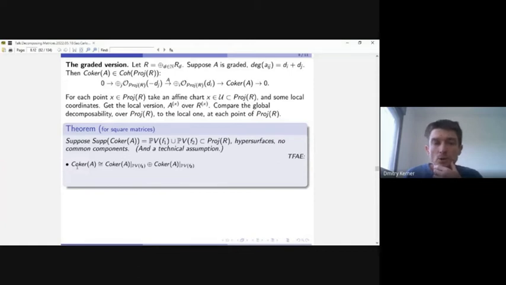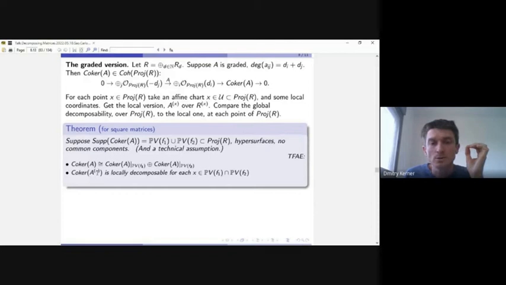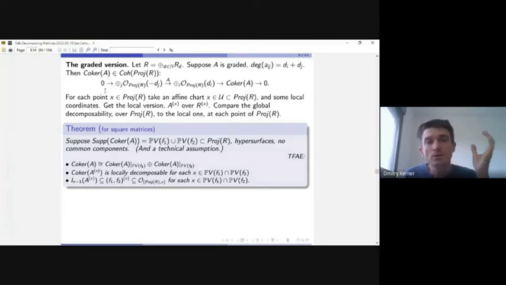The sheaf decomposes globally into the part supported on one hypersurface plus the part supported on the other hypersurface. Or each stalk of this sheaf is locally decomposable, already on the projectivization. Or once again, the ideal of almost maximal minors on the local level sits inside this local ideal. Yes, this is locally. So this is the theorem. It is sort of a graded-to-local transition.